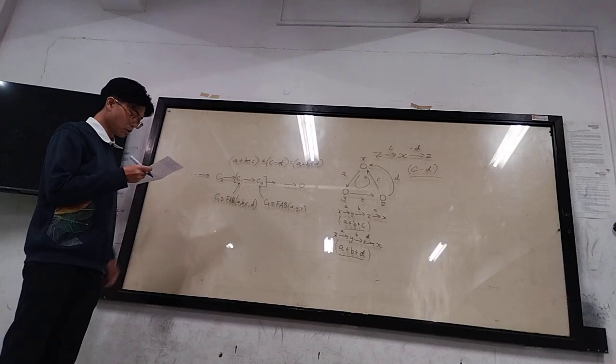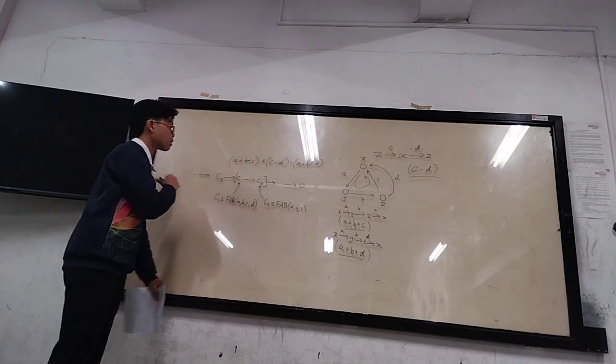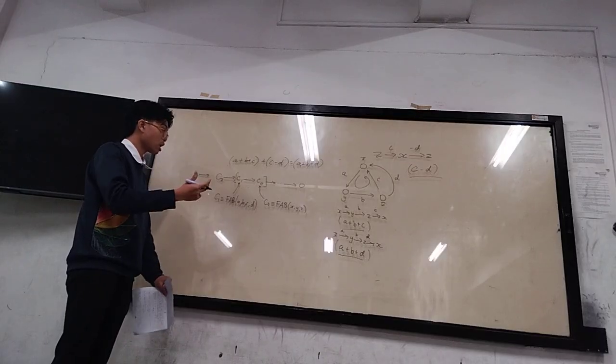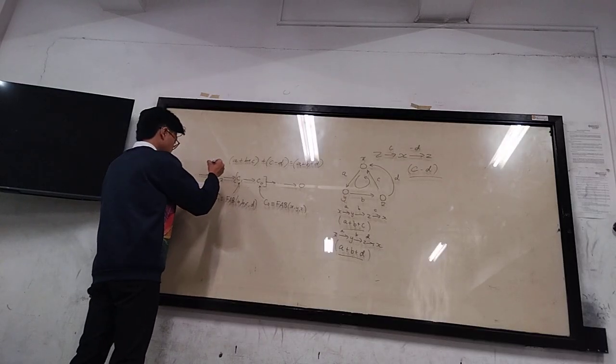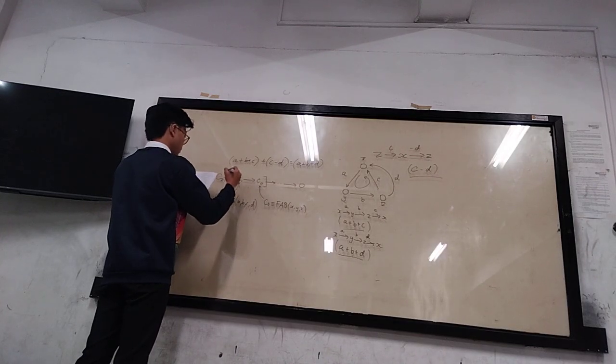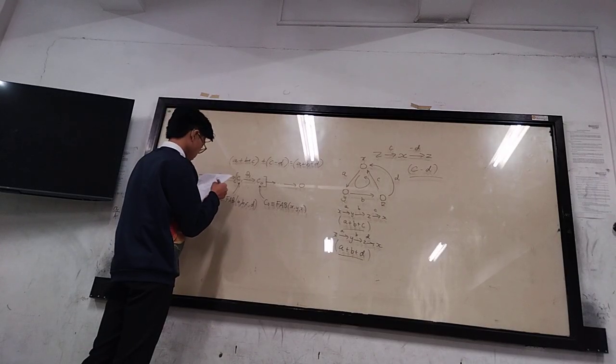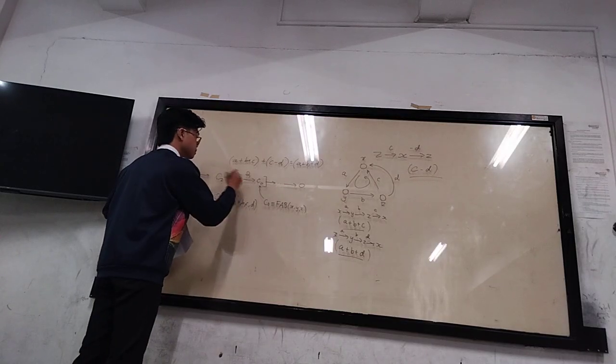Okay? Since we have an exact sequence, of course there will be certain boundary operators, del 1 and del 2.